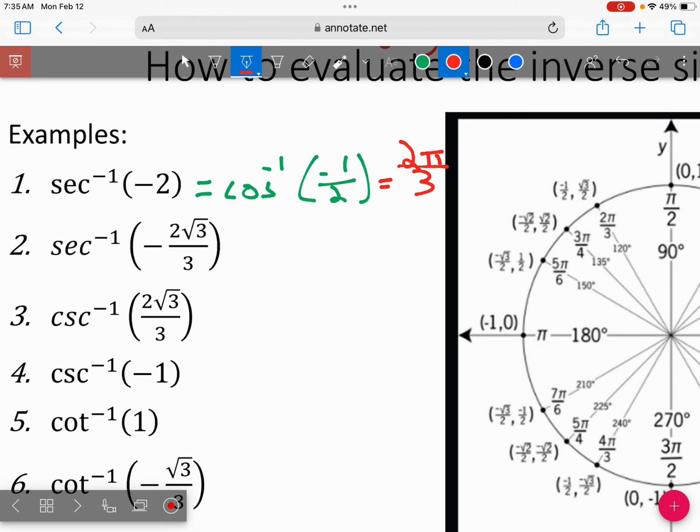So now I want you guys to take a second and try to rewrite number 2. How can we rewrite inverse secant of -2√3/3 as an inverse cosine function?